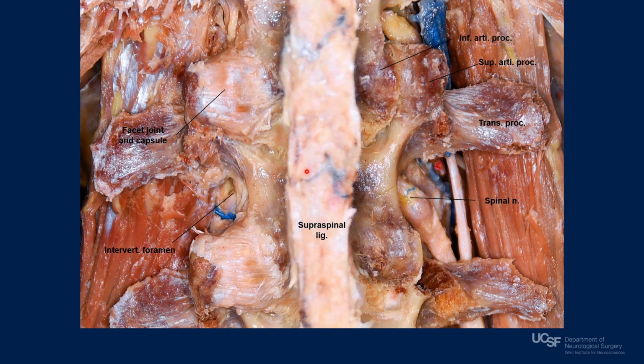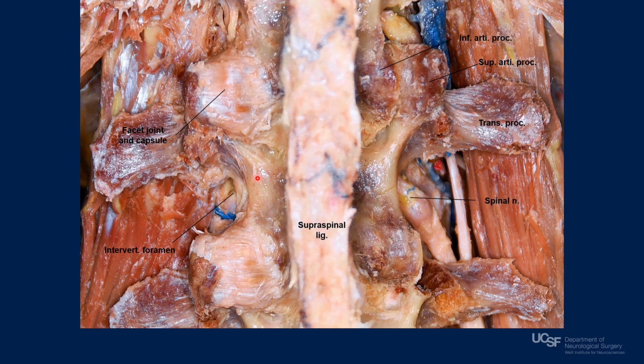This is a posterior view of the lumbar spine, and again what we're seeing here is the zygapophyseal articulations. We're going to go over the different variations in the morphology and the features that make every region unique, but we can see clearly the inferior articular process and the superior articular process of the adjacent lumbar vertebra.